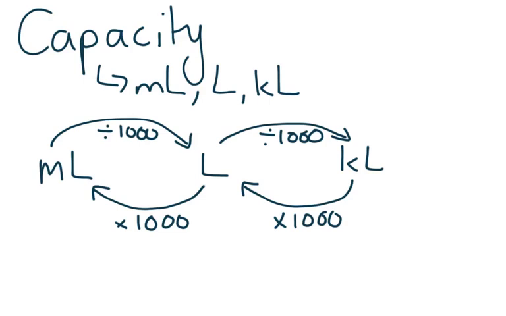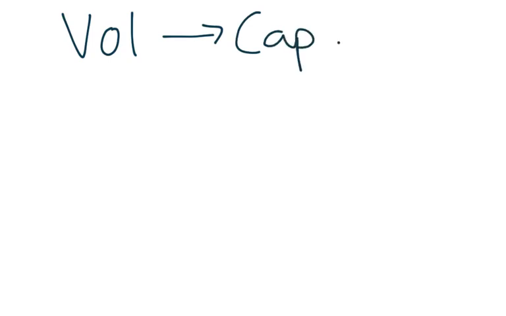The other thing that you do need to know though is that for capacity, to be able to change something from volume to capacity, we need to know these things.